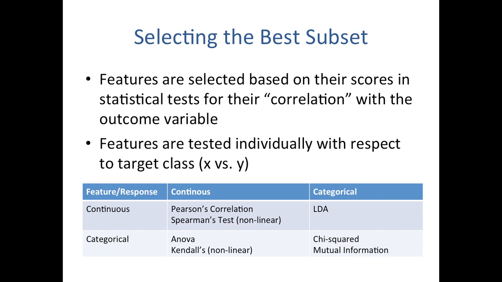If we're working with continuous features and categorical responses, we would be talking about linear discriminant analysis, which we haven't seen in this course. But basically, the way LDA works is that this is probably the only feature selection method that also applies a dimensionality reduction, as I said in the introduction.